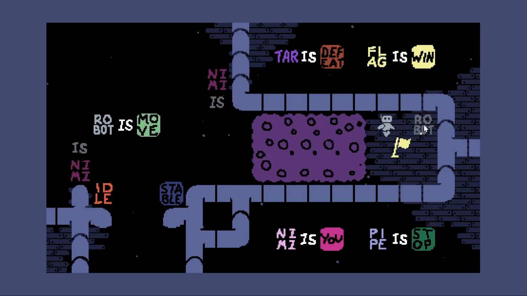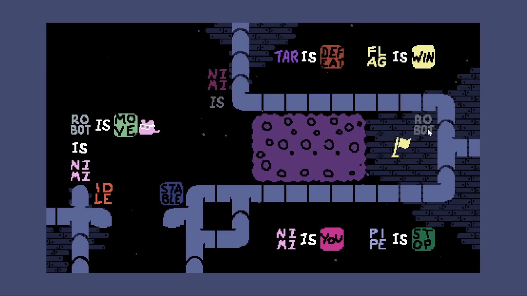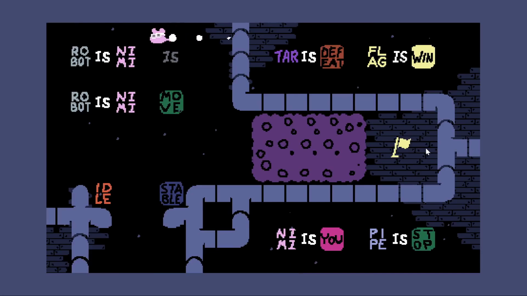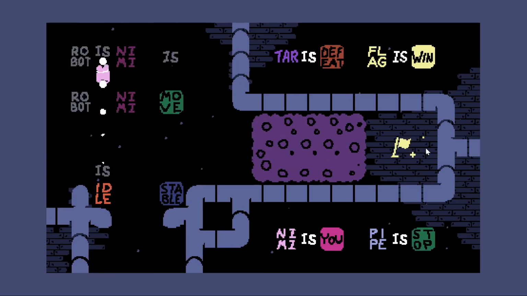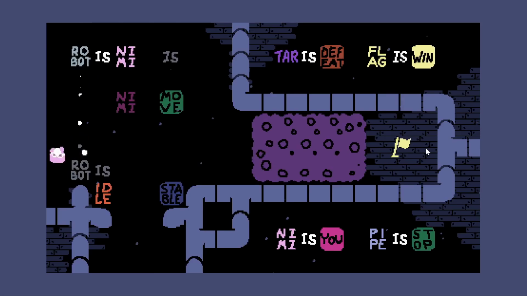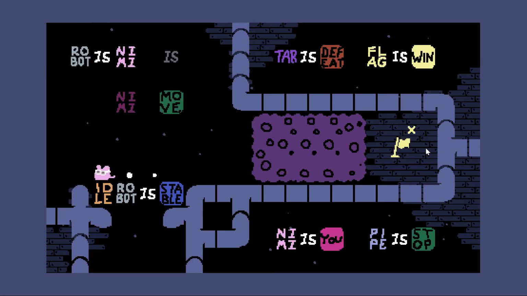That wouldn't do anything. I mean, it looks useful, being able to push a single piece of text in, but what does a single piece of text even do? I still feel like whatever I did here, this idle robot is stable, and then having robot is Nimi somewhere, is close.